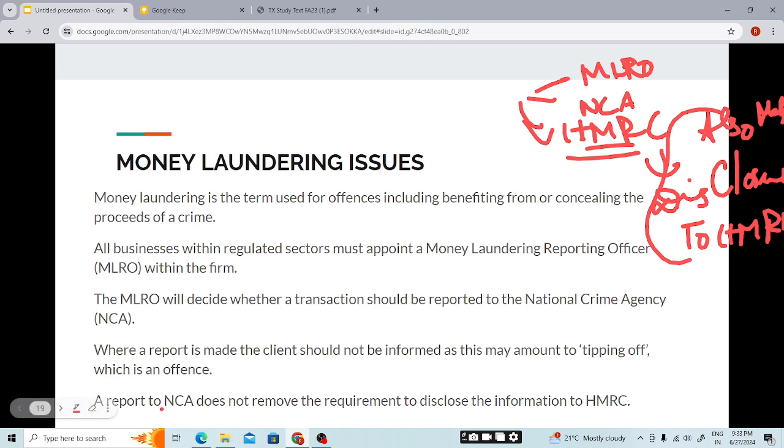A report to the NCA does not remove the requirement to disclose the information to HMRC.